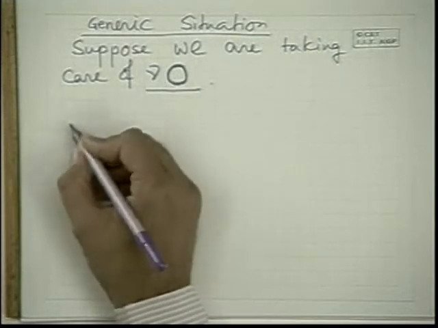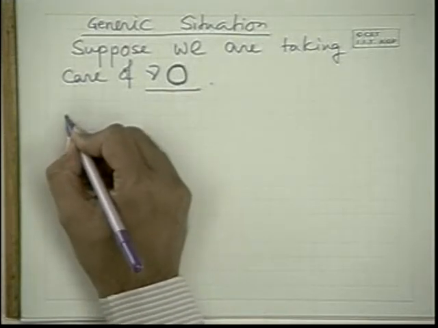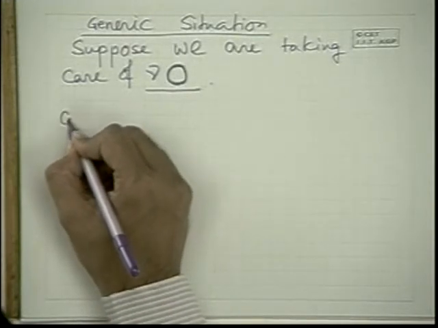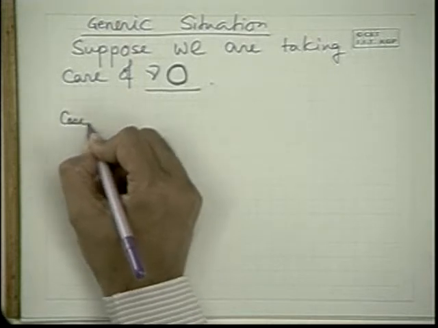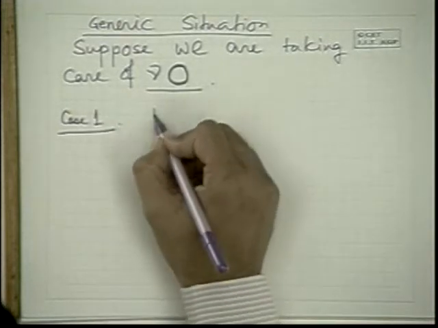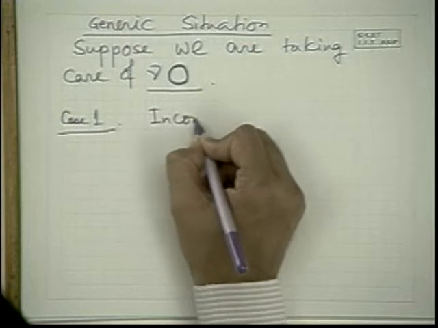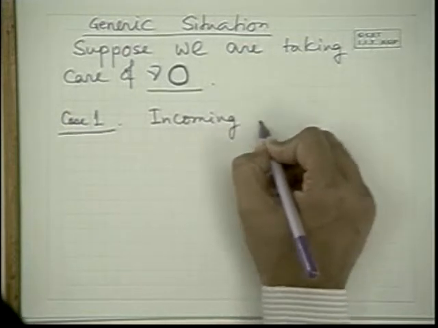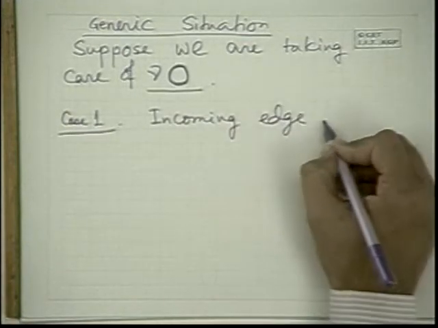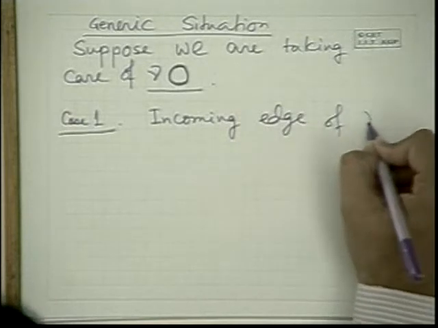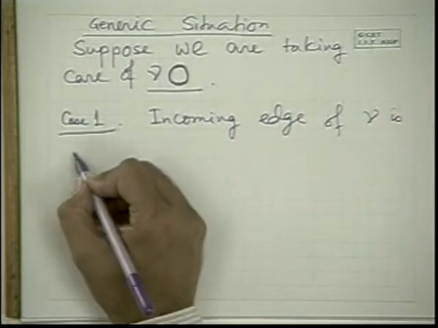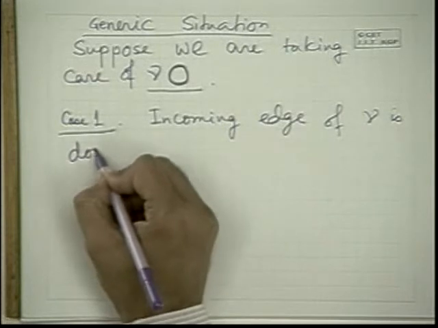So assume, first thing is, case 1: the incoming edge of nu is double black.